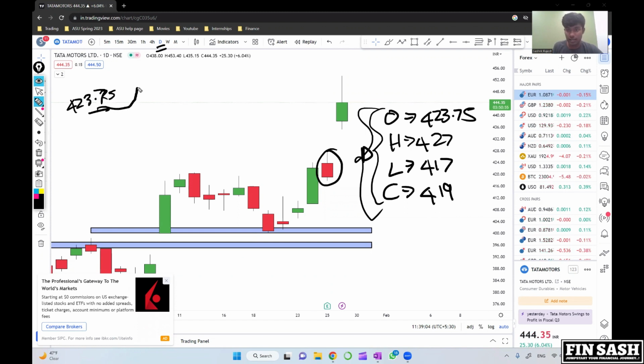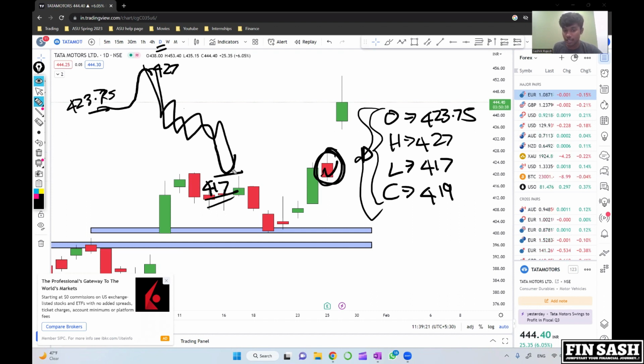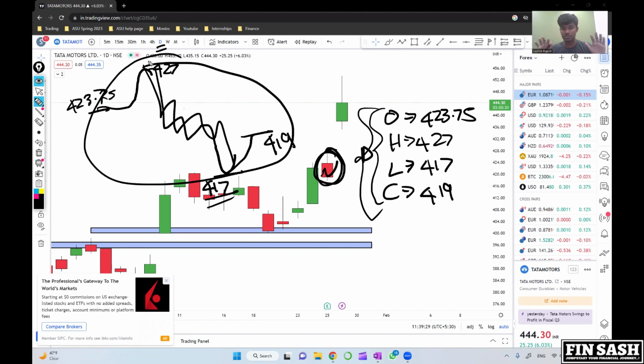It went ahead and created a high of 427, and then it kept going down and created a low of 417 because we see a bearish candle here. So it kept going low and created a low of 417, and it closed here at 419. So this can be the approximate price action in a lesser time frame, right? This explains it in a 1 day time frame, but this could be the price action for that day.